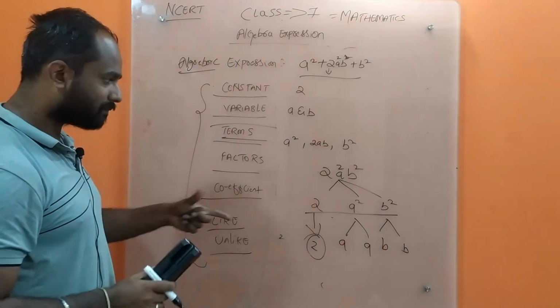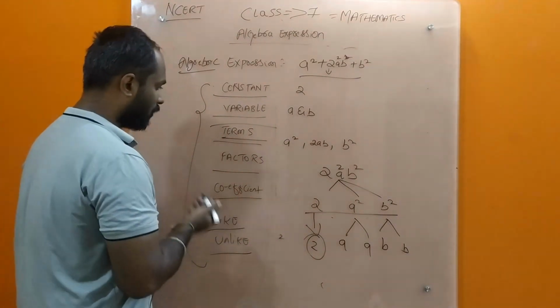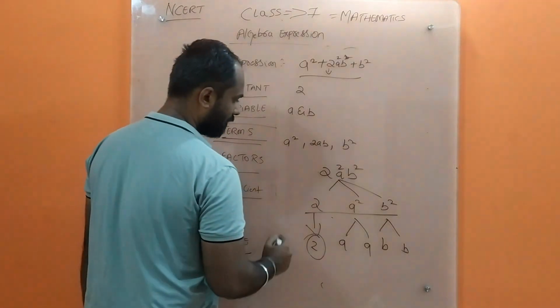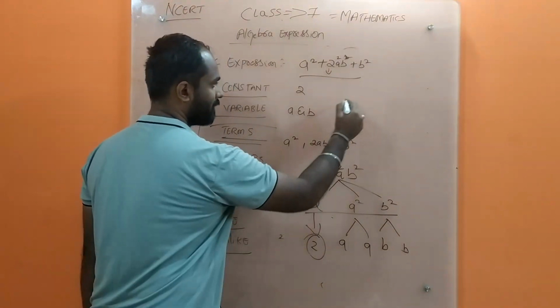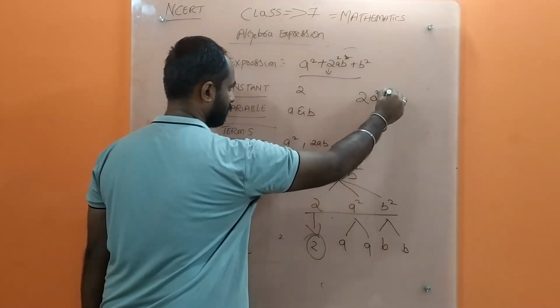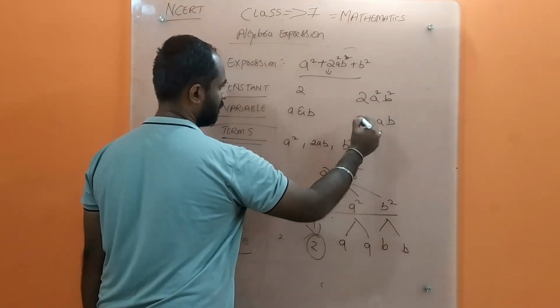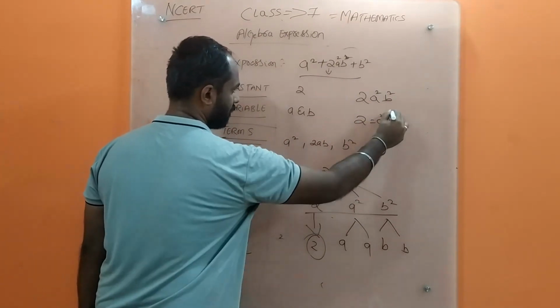These are your factors. Now if you say coefficient for this, what will you tell? You can say 2 is the coefficient of a square and b square.